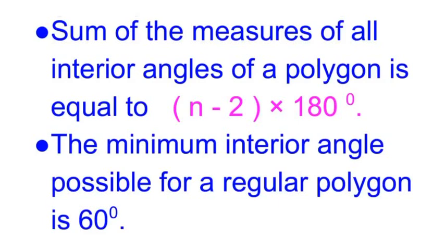Sum of the interior angles of a quadrilateral is 360 degrees. Sum of the interior angles of a pentagon is 540 degrees, and so on. You can find sum of the interior angles of any polygon by using the equation n minus 2 into 180 degrees. The minimum interior angle possible for a regular polygon is 60 degrees.